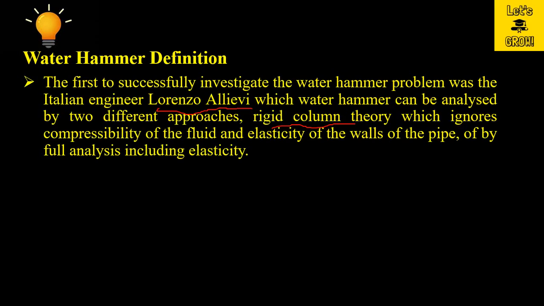The one theory, which is rigid column theory, ignores both the compressibility of the fluid and the elasticity of the pipe. Means the fluid is treated as incompressible and the pipe material is rigid. On the other hand, the other theory suggests that the fluid is compressible and the elasticity of the pipe material can also be considered.